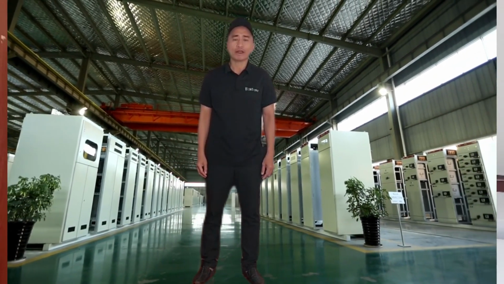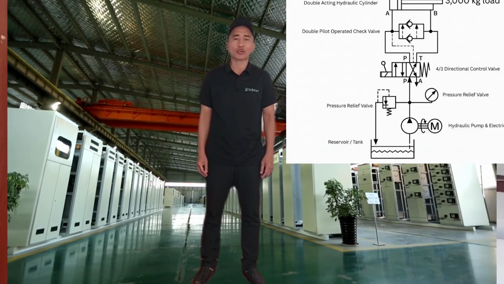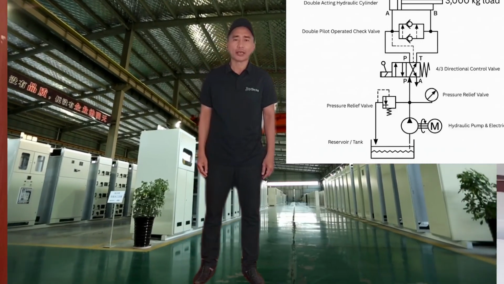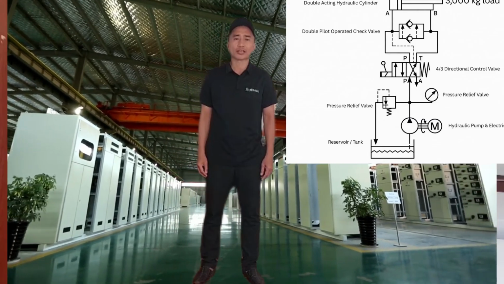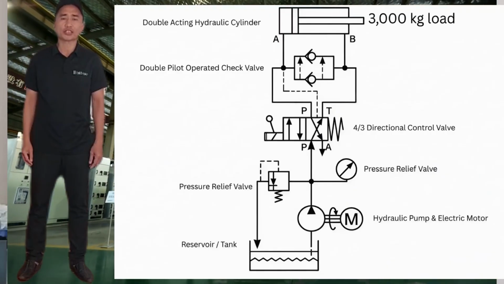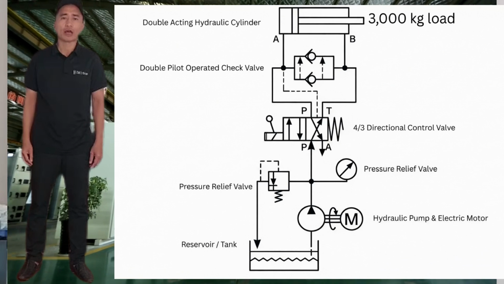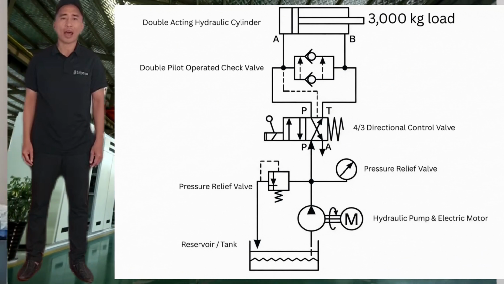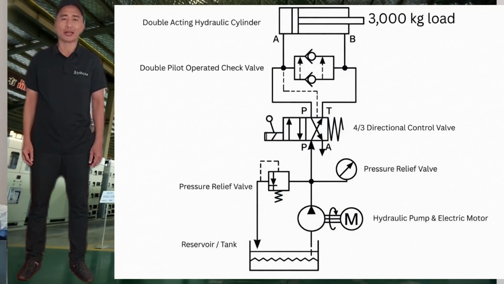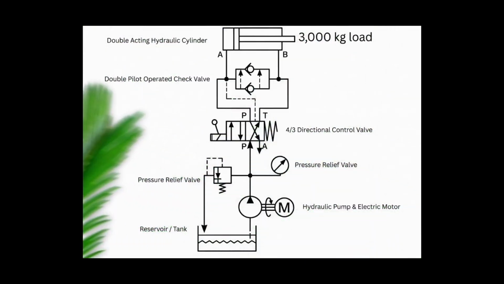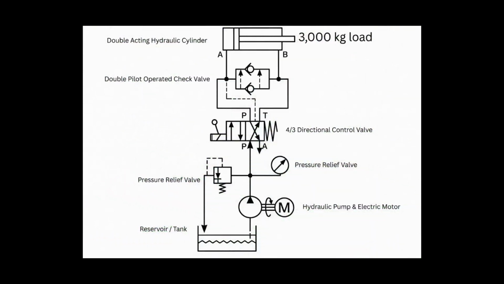I'm Peter Ree, and today we are stepping into real-world hydraulic system engineering. In this lesson, we will learn how to design a hydraulic lifting system capable of lifting a 3,000-kilogram load, and more importantly, how to build a Python calculator that automatically sizes the hydraulic cylinder, pump, and motor. This is not just theory.